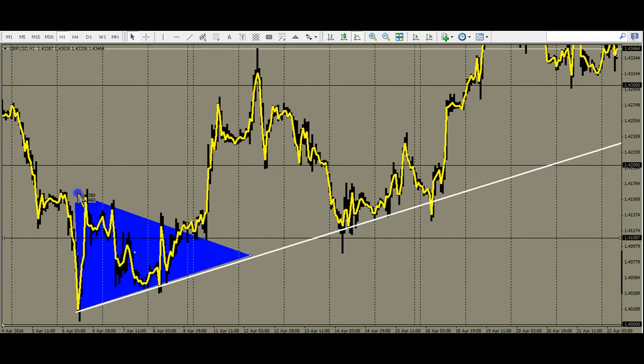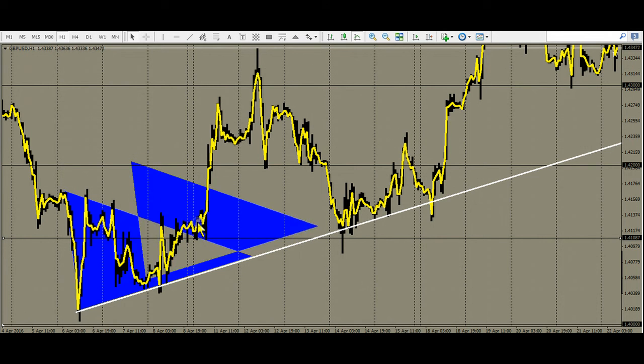I don't know where people thought that they were going to draw a bat wing here. If you're going to do a triangle, see how it broke out of that triangle on close, but not on the wicks? And then it dipped back into the triangle, kept going up. Copy that out. Look for another triangle.